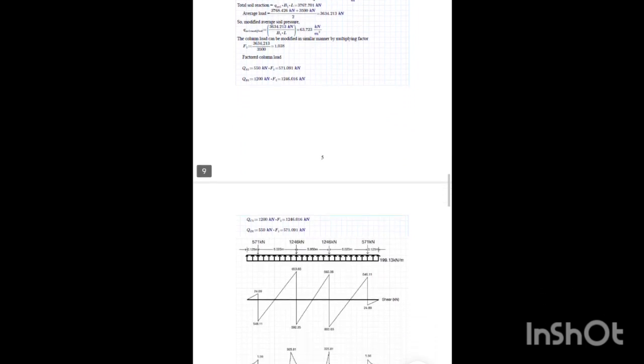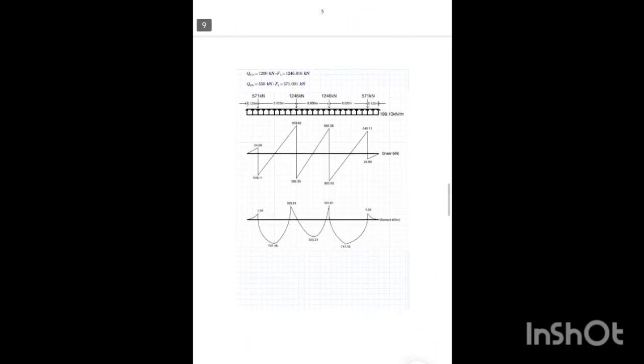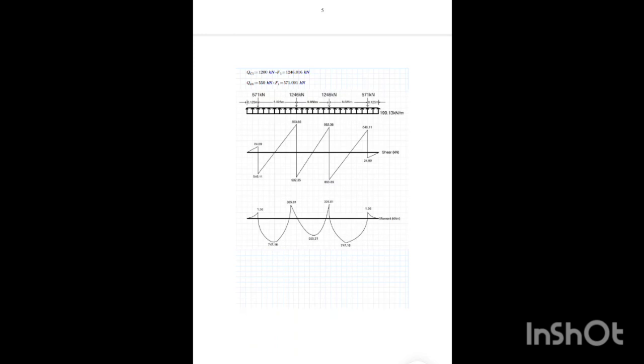For QC1 1200 kilonewton, F1 is 1246.016 kilonewton. QD1 is 550 kilonewton and F1 is 571.091 kilonewton.